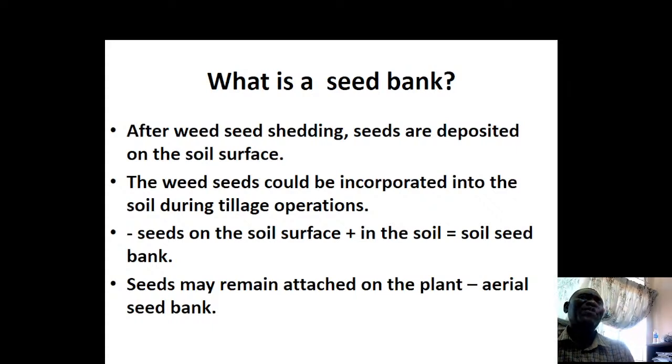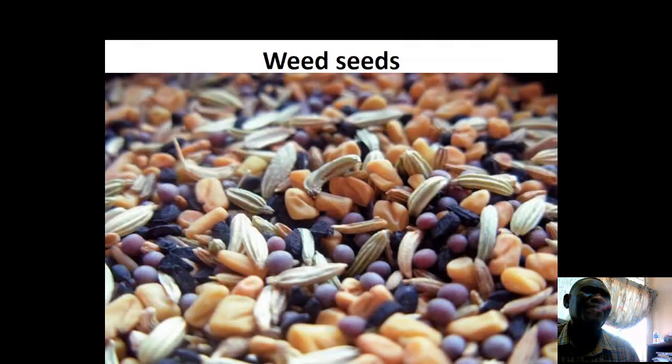Seeds may also remain attached on the plant. This is the aerial seed bank, but this is not much. So we can have a variety of weed seeds on the soil surface.